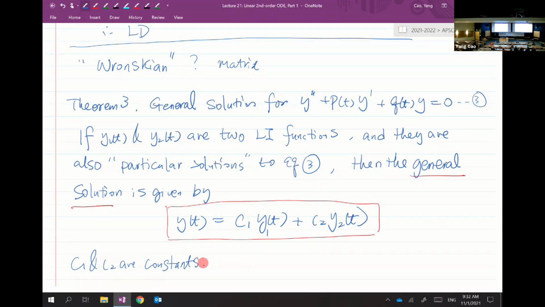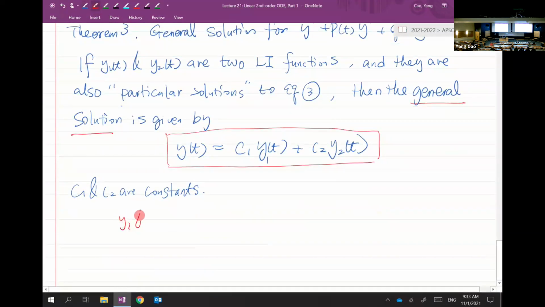Then the third theorem says, given a homogeneous second order ODE, if you already have 2 particular solutions and they are 2 linear independent functions, then you can create the general solution by multiplying C1 with y1 plus C2 with y2. So that's sort of the flow of the logic right here.